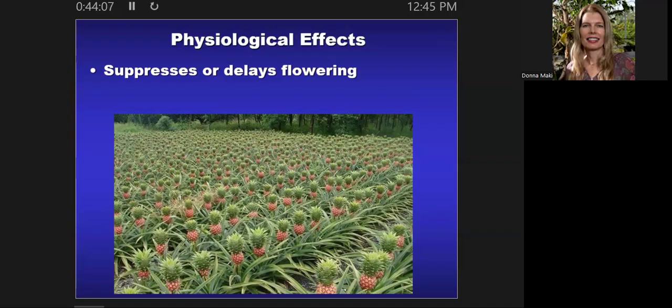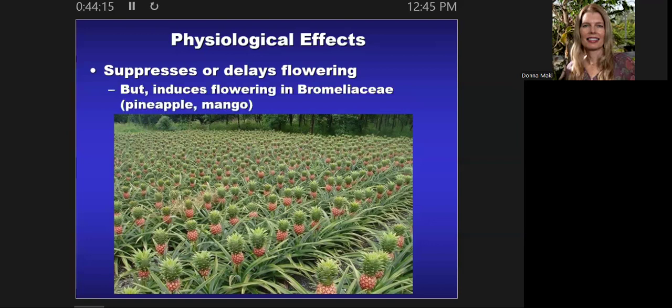But with pineapple, this is with a lot of other flowering plants. With pineapple, if you want to get the pineapple plant to harvest at a certain stage, like you hire the labor, you want things ready to go on a certain date, you've got to get all your timing just right so that you can harvest your pineapple and make your profit margin.